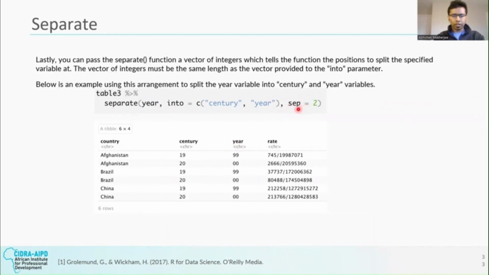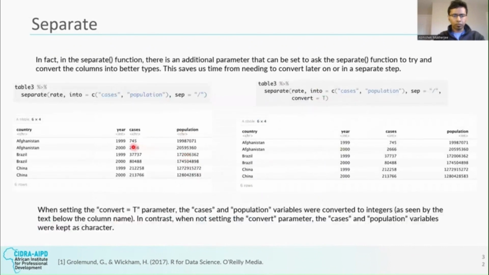So let's say if this separator keyword had, instead of 2, had 3, so the first three positions would have been saved in the century column. So the first three positions of this first row for this corresponding year, which is 1999, would be 199.